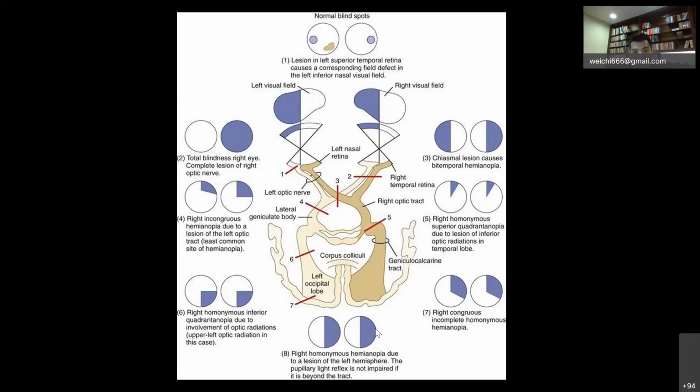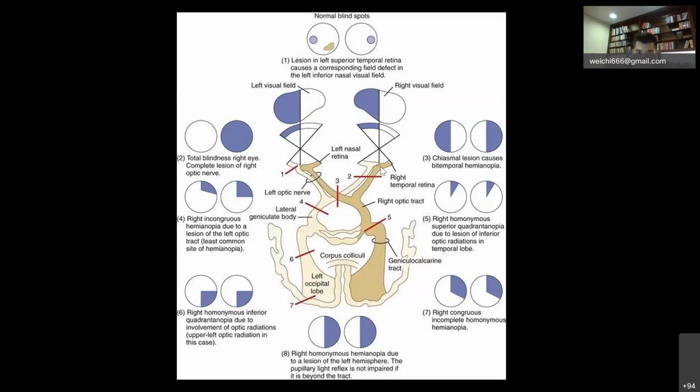Okay, why? For example, if you have a lesion at number 5, because 5 receives the fiber from the right eye, the signal of the nasal visual field, that is, the temporal retina in the right eye is responsible for the nasal right visual field.